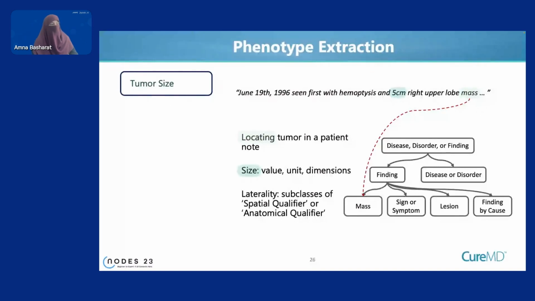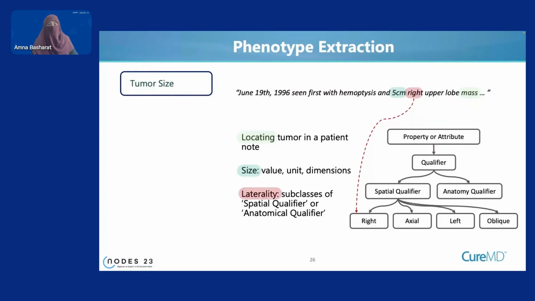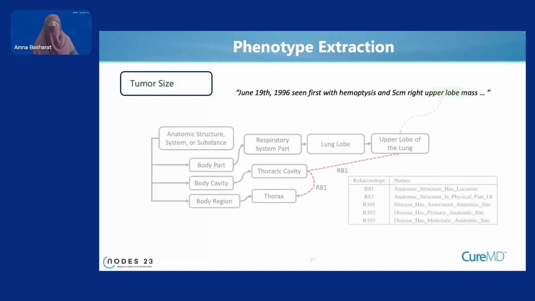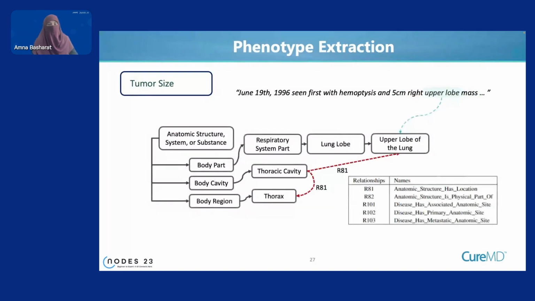So the location of the tumor, the size of the tumor, and then the spatial information as well. So this is the information that gets extracted. Similarly, what spatial aspect, and these are then related to all of the different parts, the anatomical structures that are available to us in the ontology.